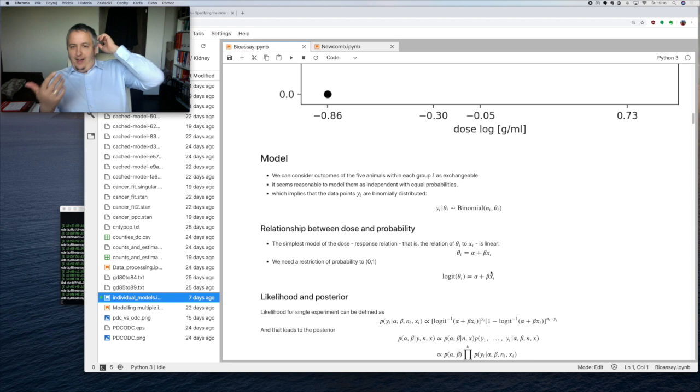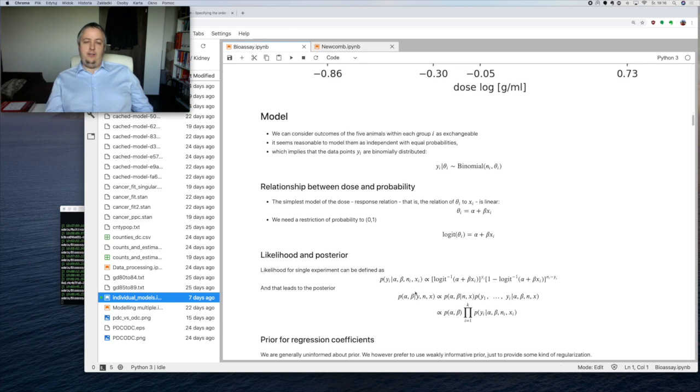And because of that, we can now get the likelihood for our model. Our likelihood is, as you can see, binomial: the inverse logit function of alpha plus beta x is our theta, which is here to the power yi, and here is 1 minus the same value to the power of ni minus yi. And this is the likelihood for a single experiment.